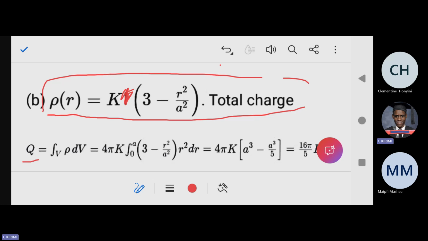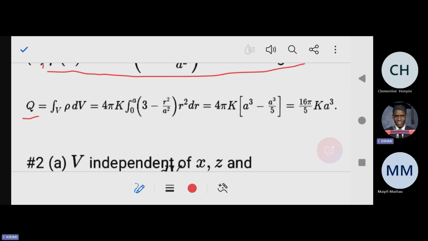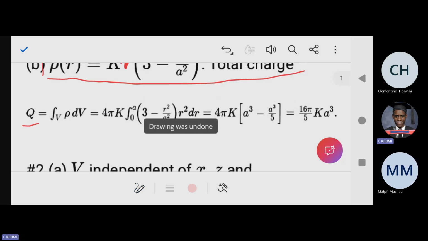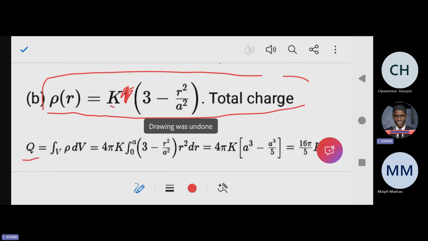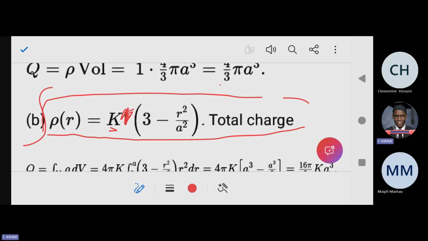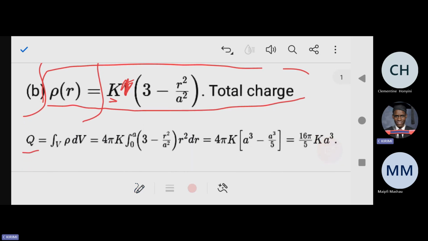That is what we want to check. We can see the K; are you seeing where it's coming from? It's the constant. If I introduce the integral here, I also introduce the integral on this side. And remember, K is a constant. That is why it's outside the integral; they've pushed it outside the integral.